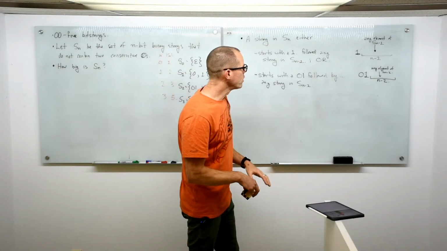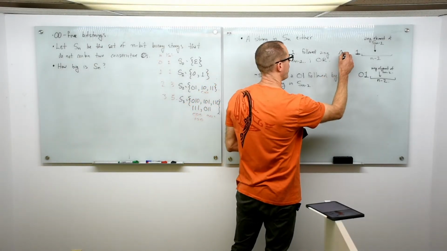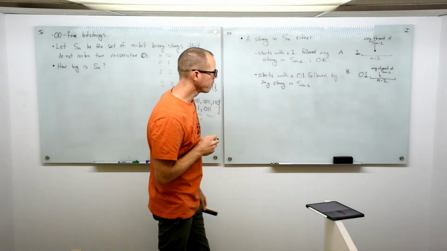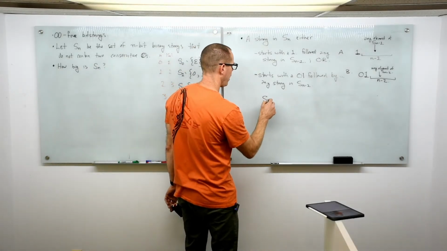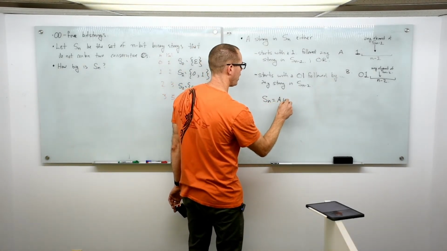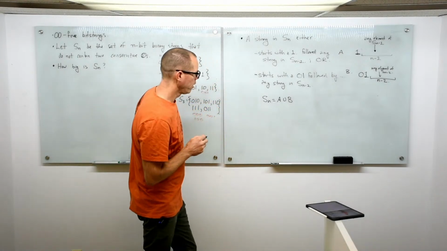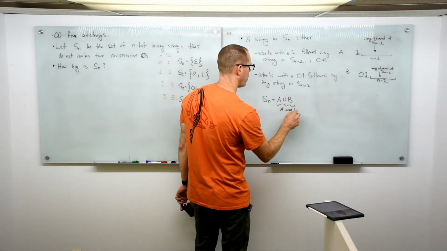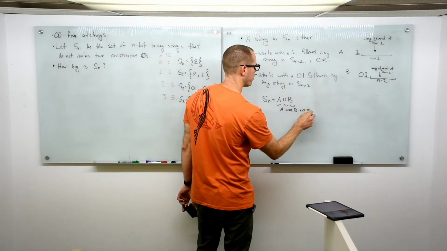Okay? So if this is what I'll call A and this is what I call B, then Sn is equal to A union B, and A and B are disjoint.